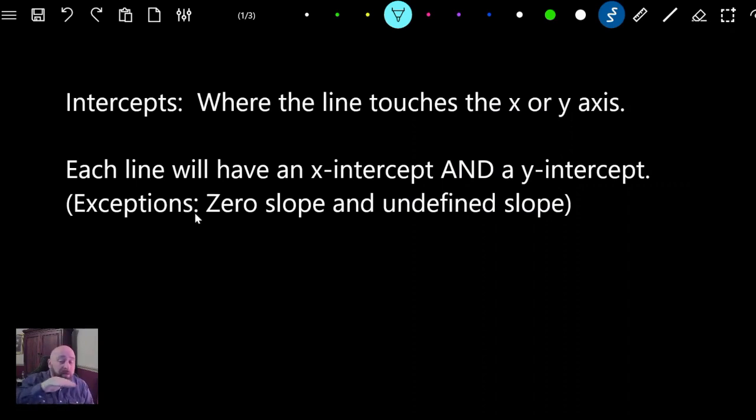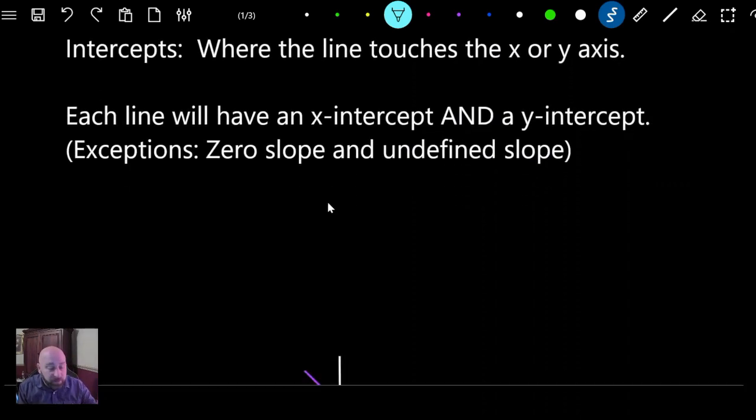So that one never crosses the x line. And then undefined slope is a vertical line, so that one never crosses the y line. Okay, so except for those two, zero slope and undefined slope, every other line always crosses the x and the y. So that's important to understand as well.